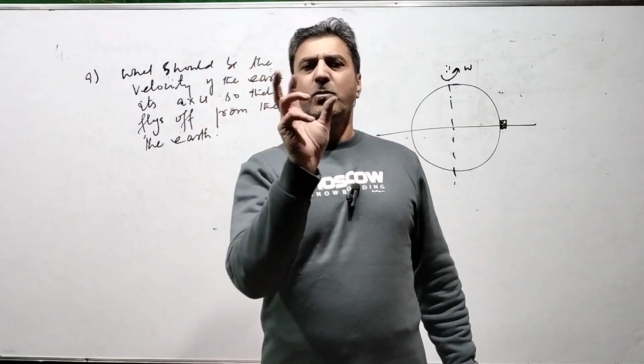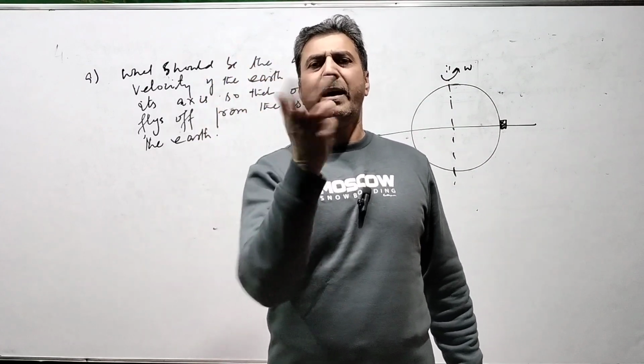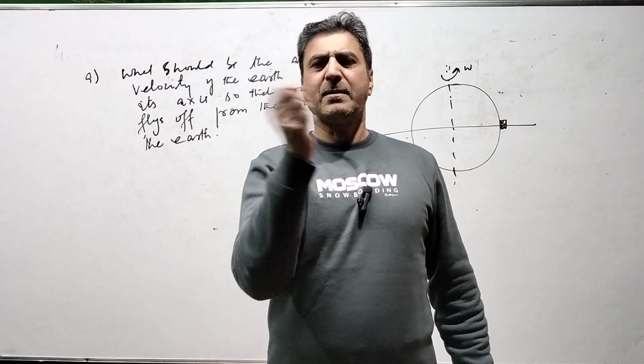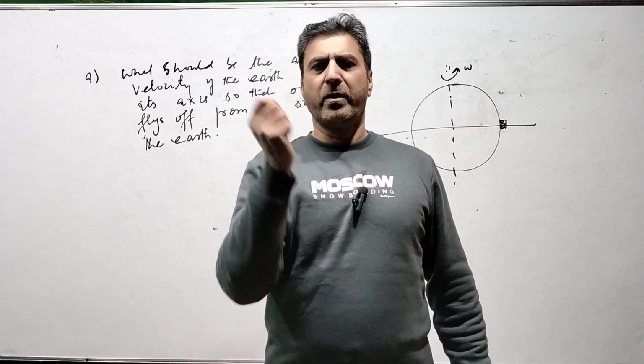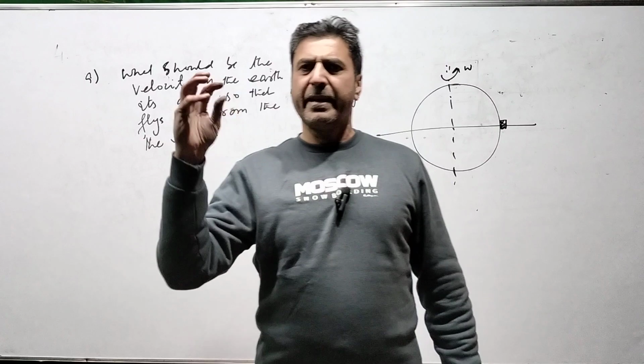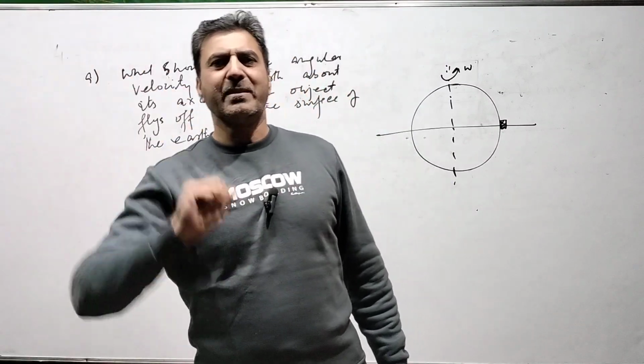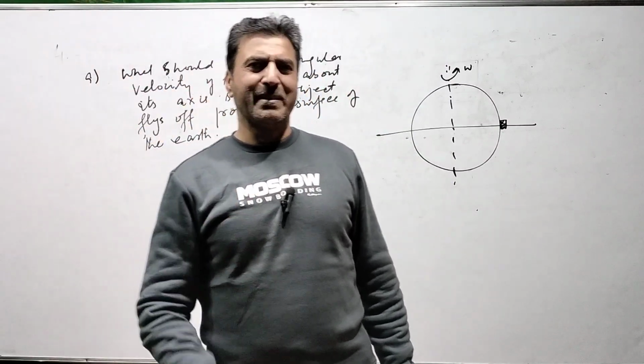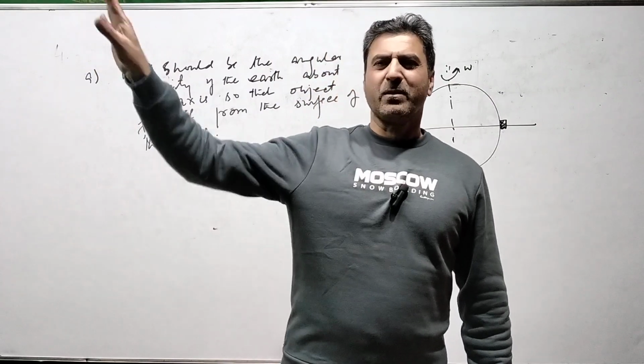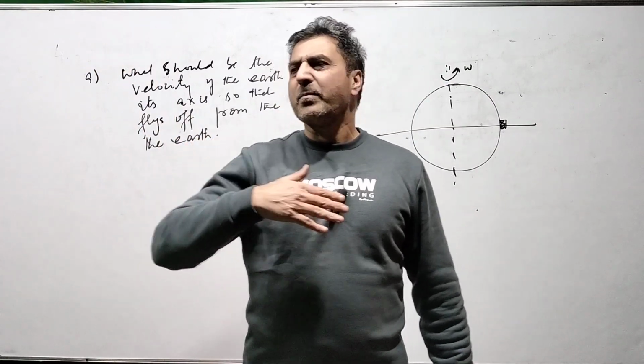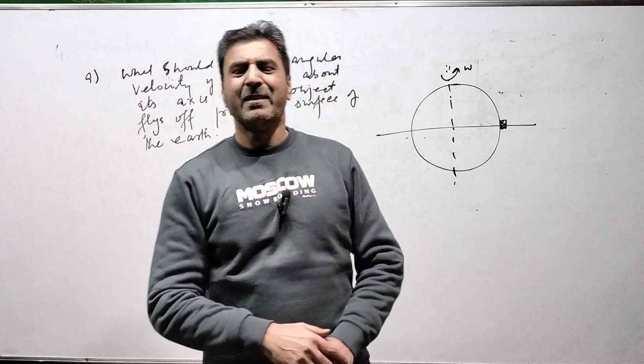But if the earth rotates faster, omega is more and more, there is a possibility that the object on the earth may be thrown off into space. The earth will repel the object into space.